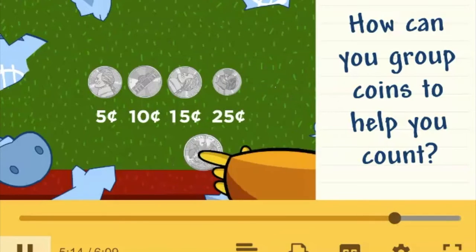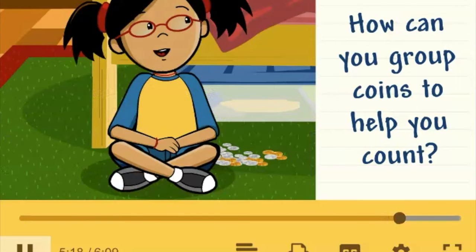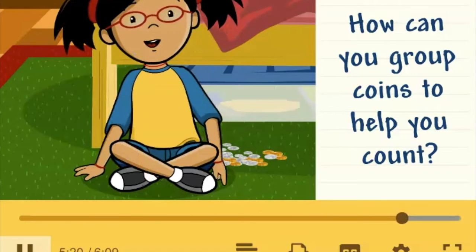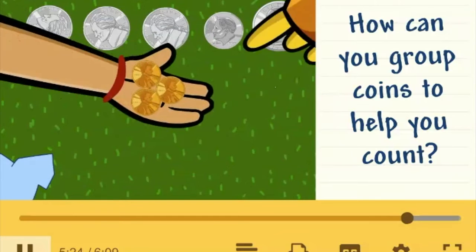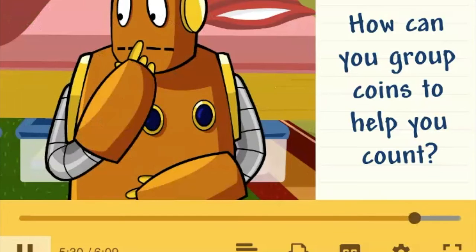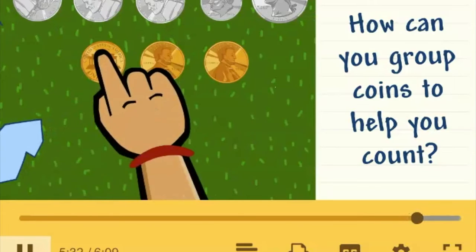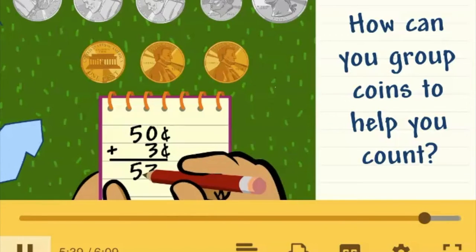Then I can add the quarter, 50 cents. Hey, wait a minute. I've got some coins in my pocket. I've got 3 pennies, which is the same as 3 cents. Let's add them together. 50 cents plus 3 cents is equal to 53 cents.